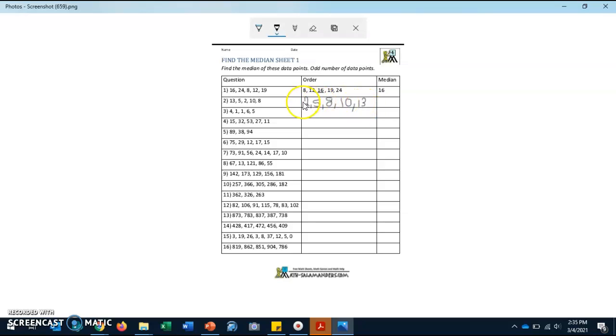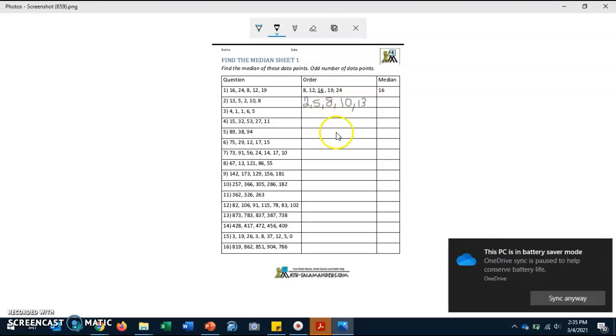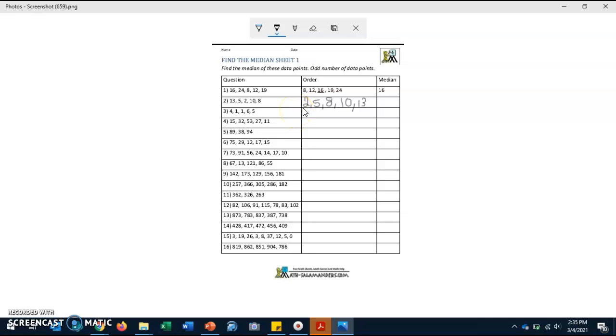So once you have them in order, we will start eliminating one by one so we can know which one is the one in the middle. My preference is always going one in the front, one in the back, one in the front, one in the back. I feel like that is the easiest way so we can be sure which one's the one in the middle.